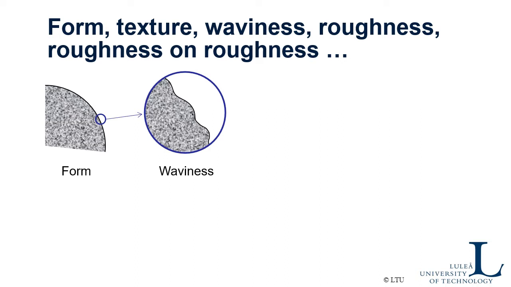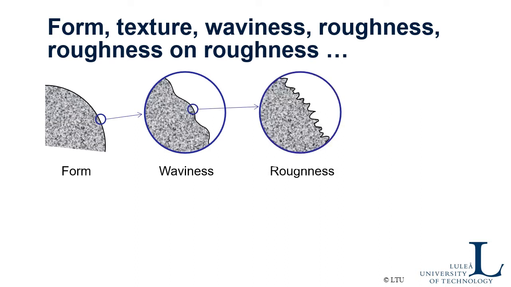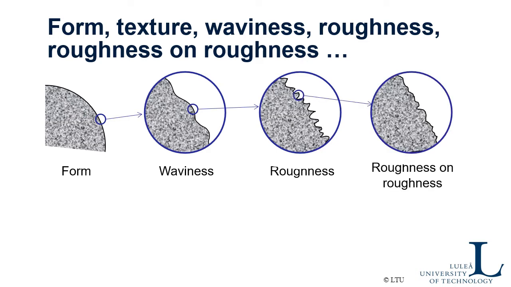And on top of the waviness, you have the roughness, and that's typically what is important for tribology, for wear, friction, and lubrication problems. But you also have roughness on the roughness, which may also be interesting for some lubrication problems, for example.